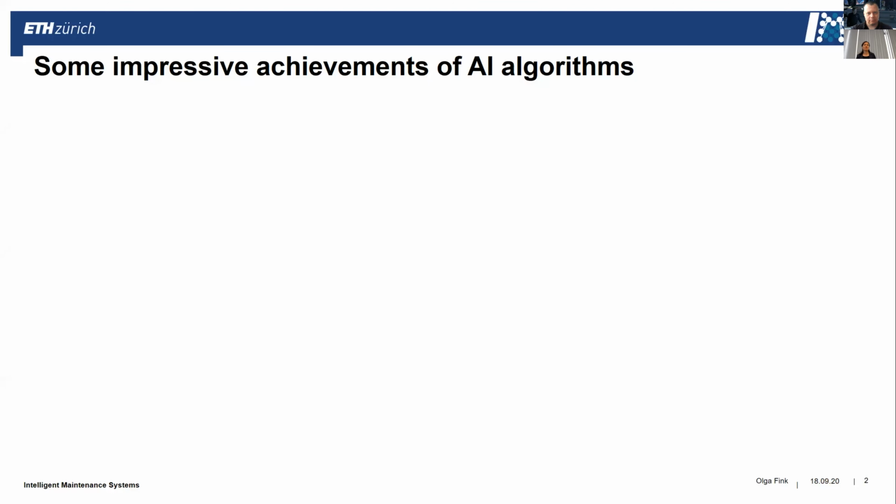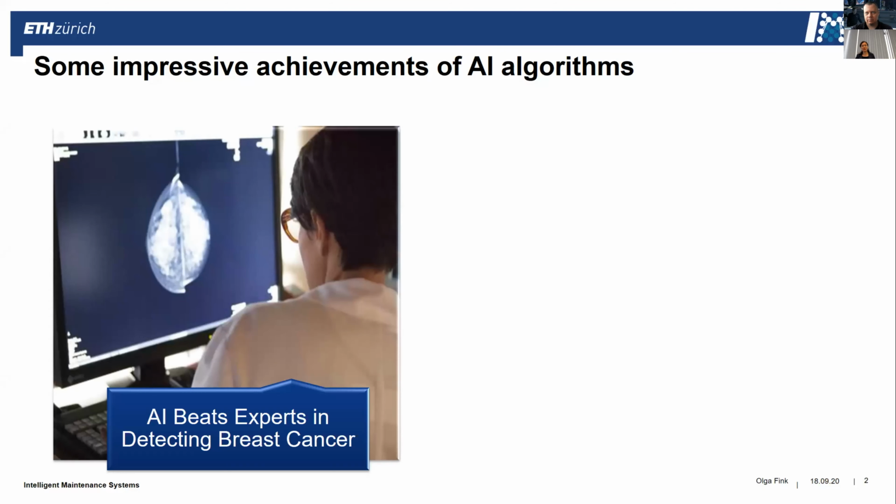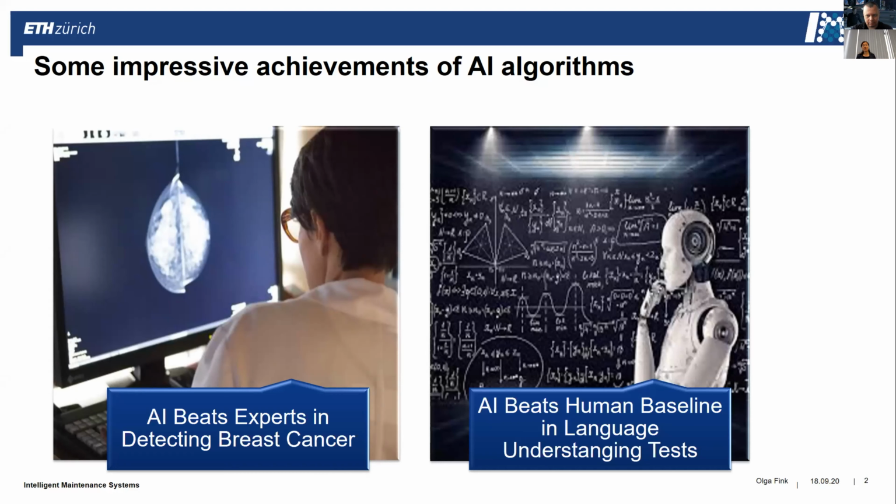But we have also seen that the baseline in language understanding tests that was set by humans some time ago was constantly being overachieved by several algorithms, and that has even resulted in the datasets and the training datasets being developed to be more complex, so that the algorithms have something to learn from, because apparently the ceiling of what the algorithms could learn had been reached.